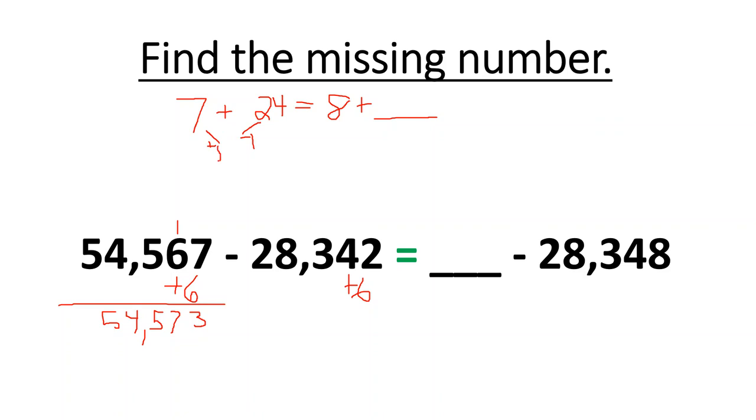So in addition, we do the opposites. Because 7 plus 1 is 8. 24 minus 1 would be 23. So on addition, we do opposites, and on subtraction, we do the same operation. So that's just a quick review from addition and subtraction. Hope you understand how to find the missing number in your head super duper fast. Bye.